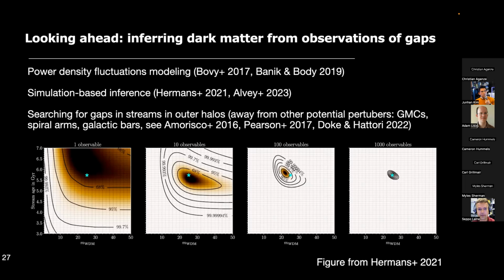They're showing the particle mass versus the stream age in gigayears. They also had some other parameters, but here they're just showing two. With just one observation of the stream, you should be able to have some good constraints. And if you have 1,000 streams and you find 1,000 gaps in them, you should definitely be able to constrain the particle mass of dark matter. Again, this is starting from the beginning.